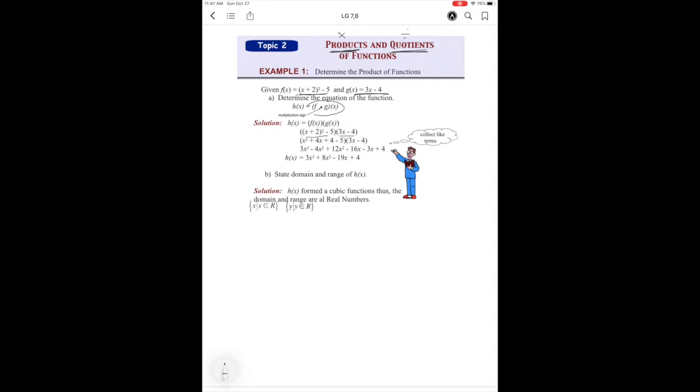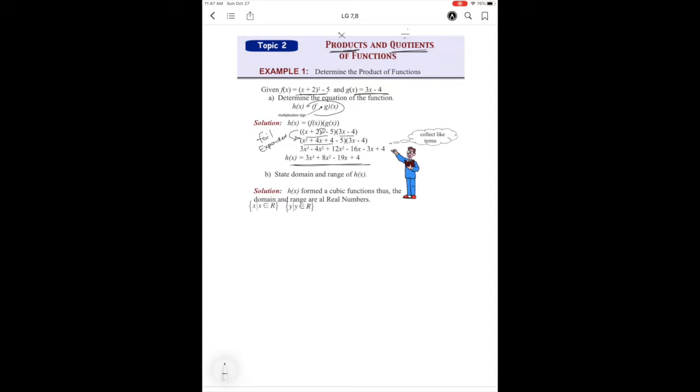So I wrote them out side by side, bracket to bracket. Then I FOILed out, or expanded. And remember, I had to have 2 brackets. So that's how I got that. And then I just collected like terms and got to the answer.